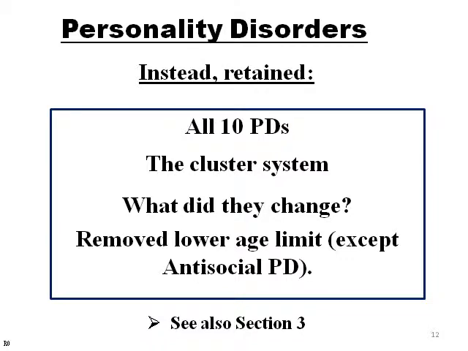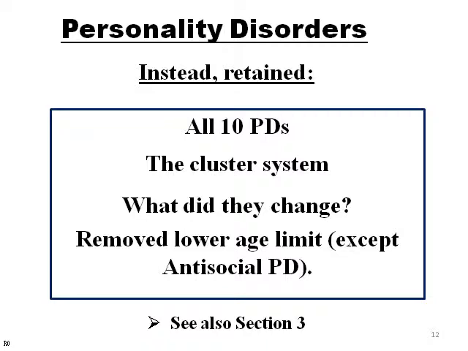And after all that, what happened? Well, the Board of Trustees overturned the recommendation of the task force, and instead they retained all 10 of the personality disorders. They retained the cluster system as it is, so in essence, almost no changes whatsoever. What did they change?